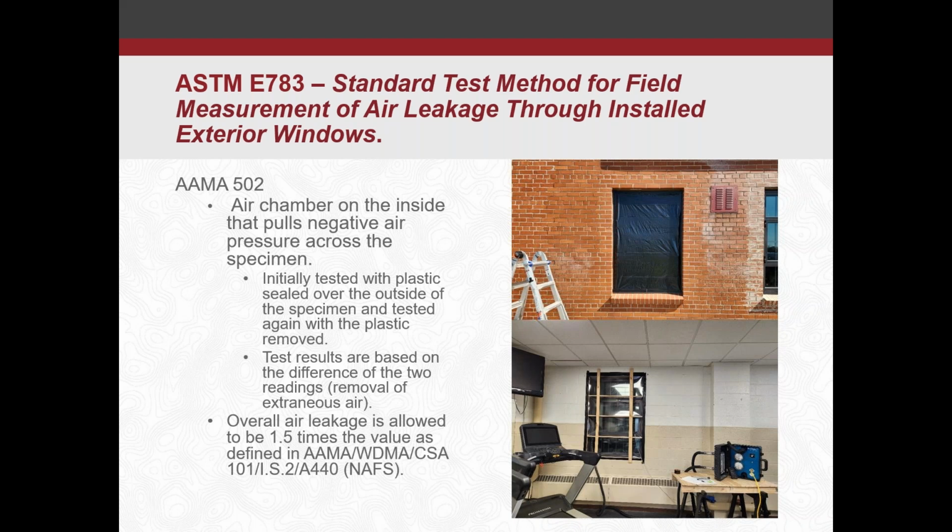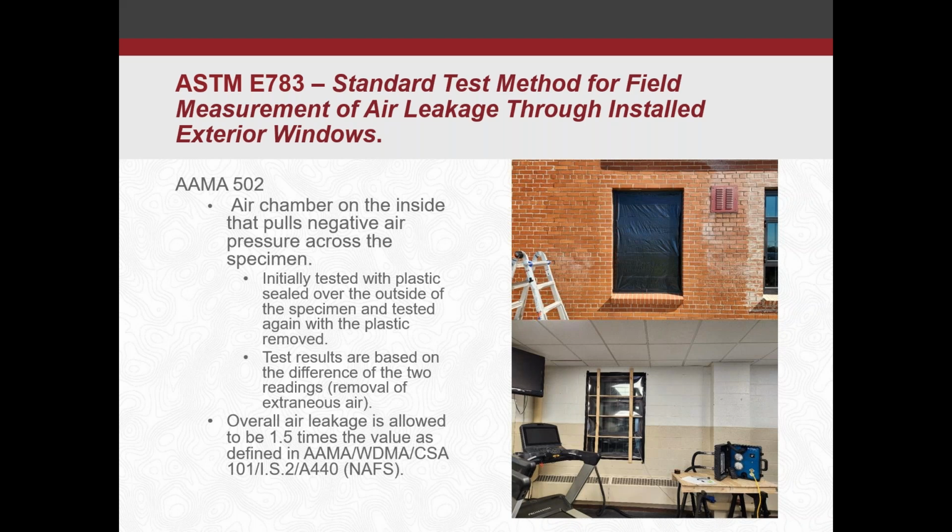You can see in the lower photograph, that's pulling negative air across the test film. And then we have a sheet of plastic on the exterior face. So you would take the reading with the plastic up, take the plastic down, take another reading, and the difference of the two readings gives you the leakage across the specimen.